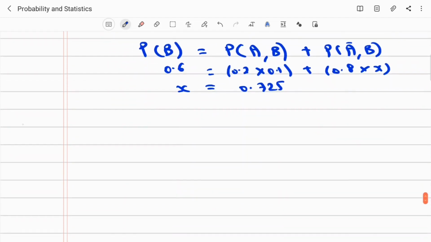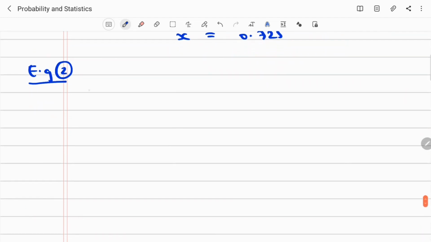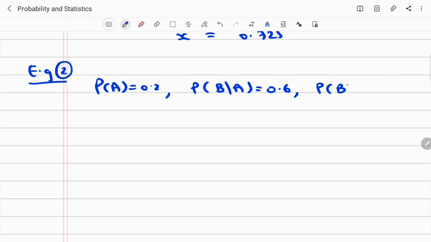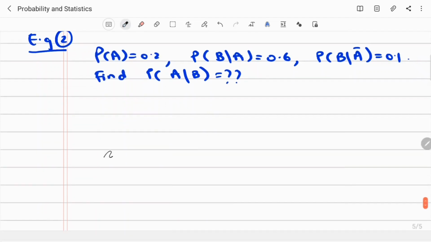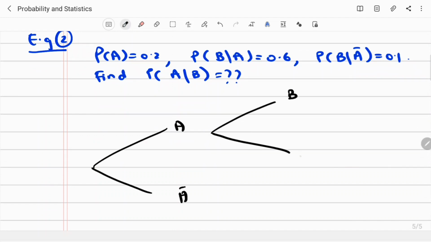Now let's take a second example. Example 2: we will have the probability of A equal to 0.2, the probability of B happening given A has happened 0.6, and the probability of B happening given A dash has happened 0.1. The question is to find the probability of A given that B has occurred. Again, we are going to proceed by drawing our tree diagram. So we have A dash and B dash.